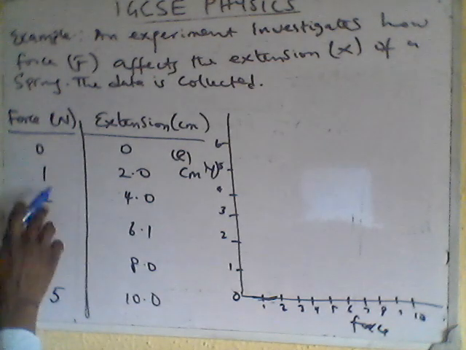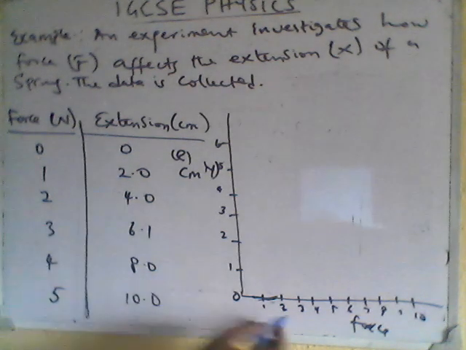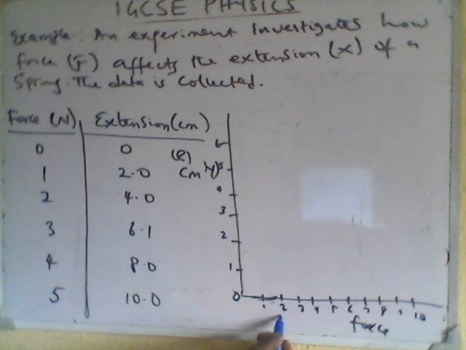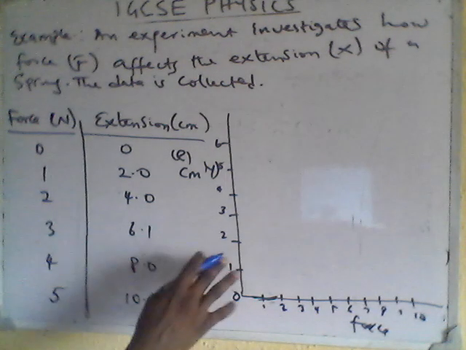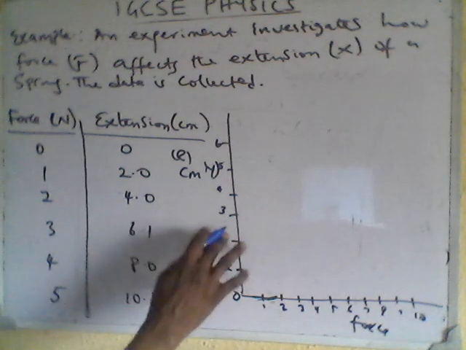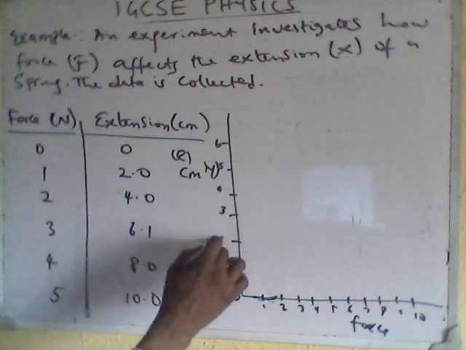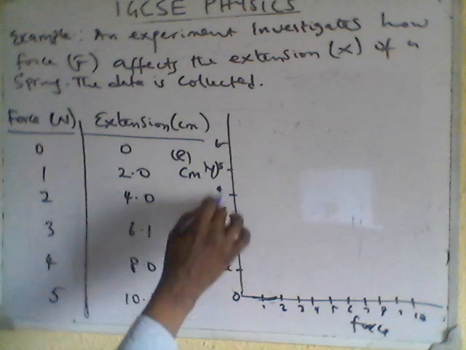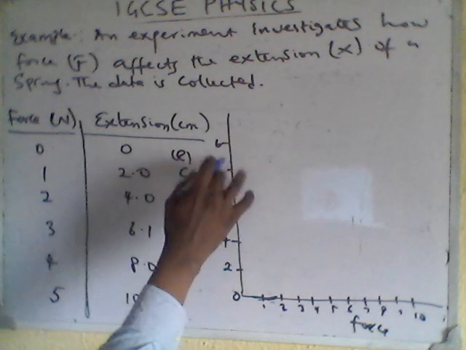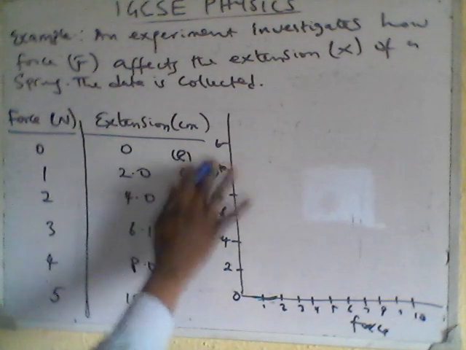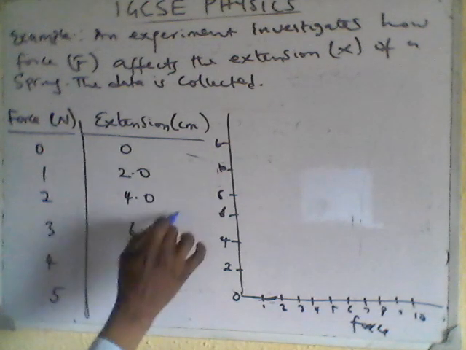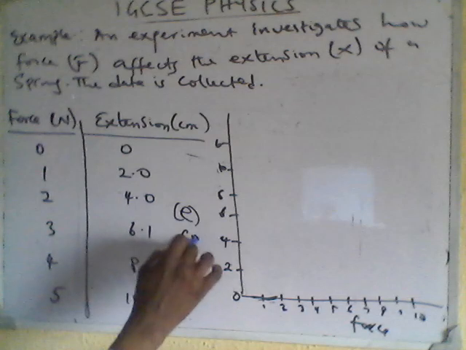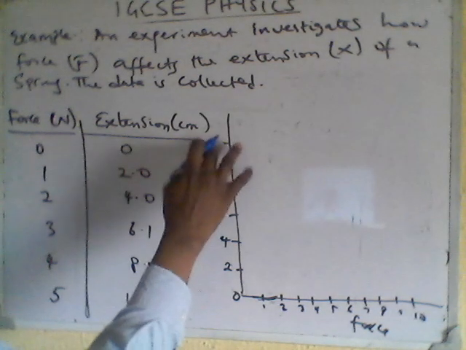If my force is 2, extension is 4. For the extension axis, let me use 2, 4, 6, 8, and 10. This is extension in cm, right? And this is 12.